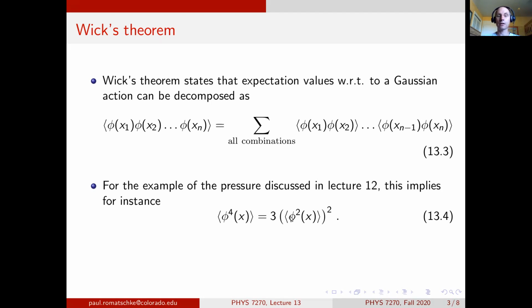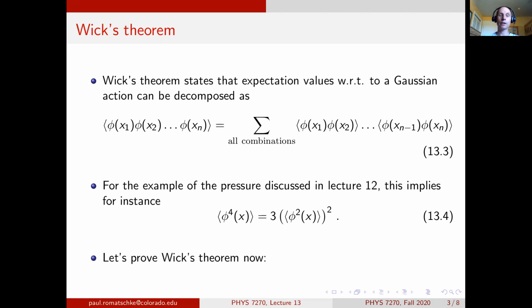That means that the products are always phi squared of x squared. And there are exactly 3 possibilities to come up with these 2-point functions out of 4. So that makes up a combination of 3. All of these are equal. So that explains this factor 3 in this result here.